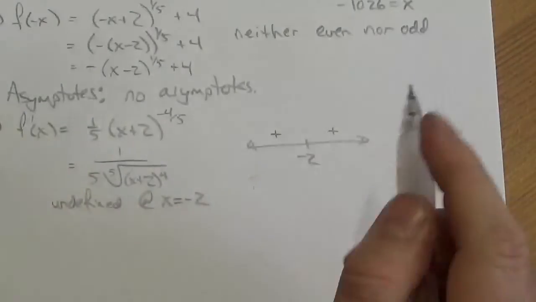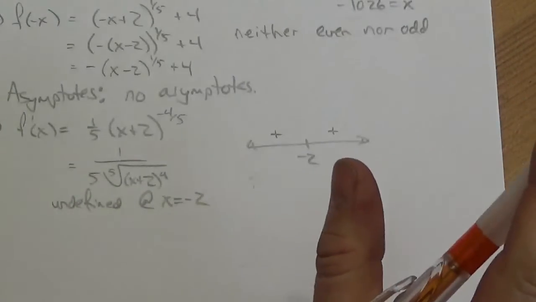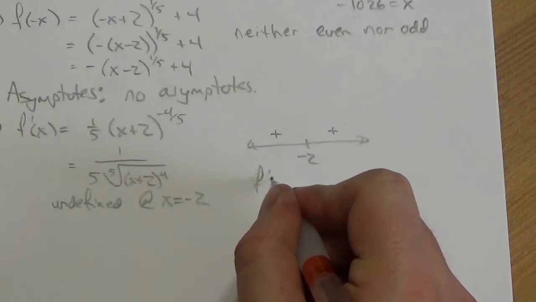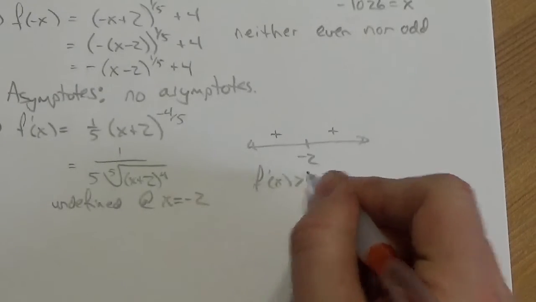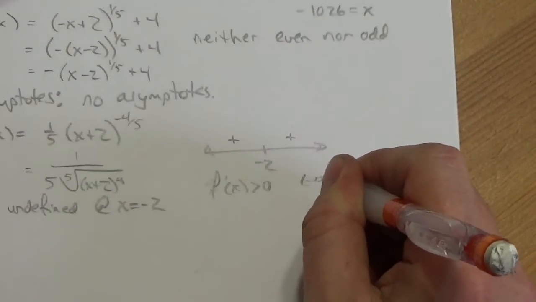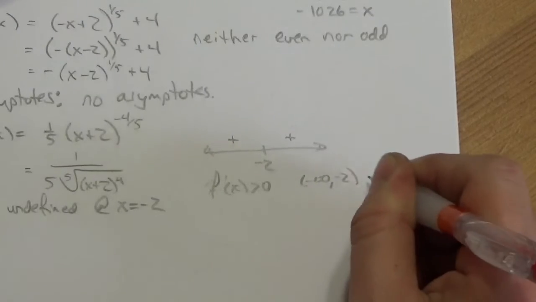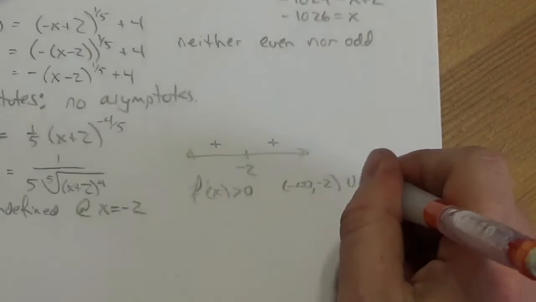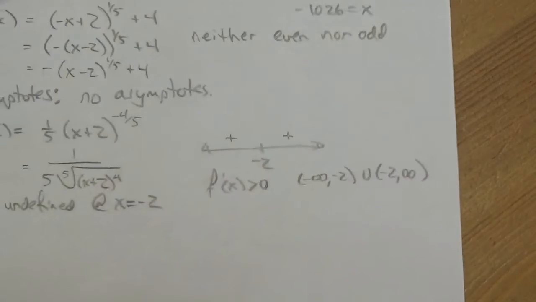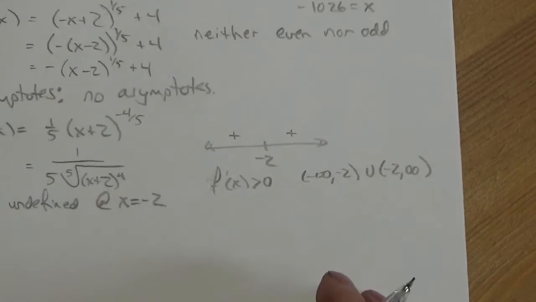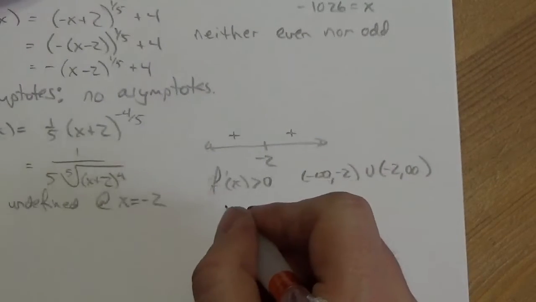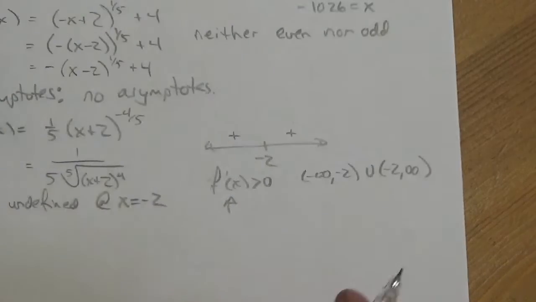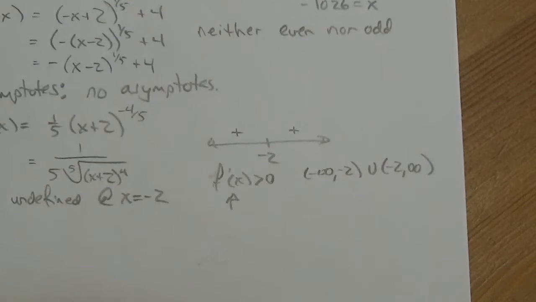I tried to make a point a few seconds ago, so I've already started to set this up here, so hold on a second. So the derivative is positive on the interval negative infinity to negative 2, union negative 2 out to infinity. Now, this means that the function is increasing. Now, we got to be careful here.